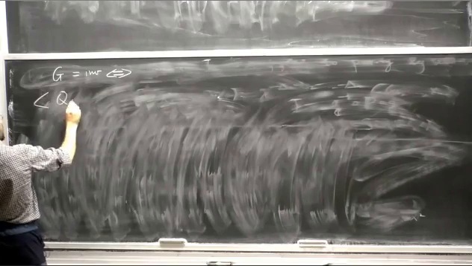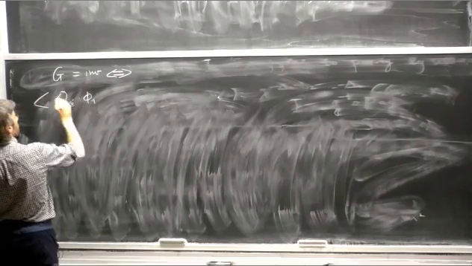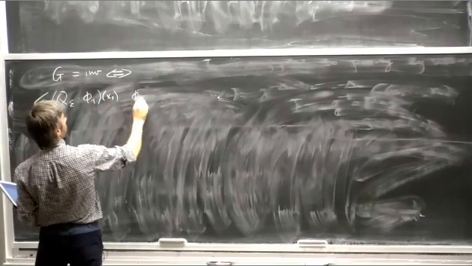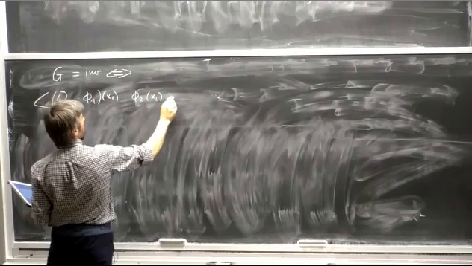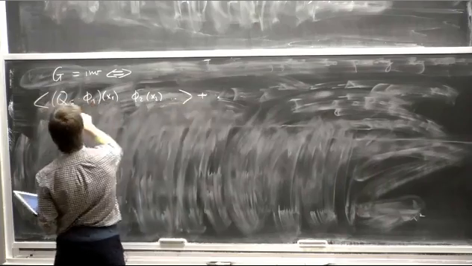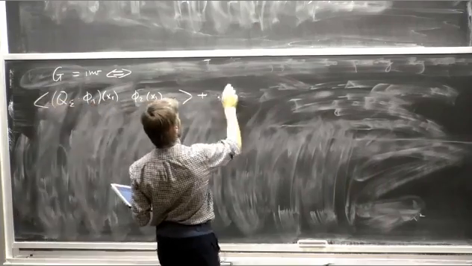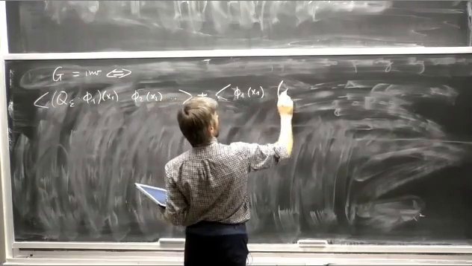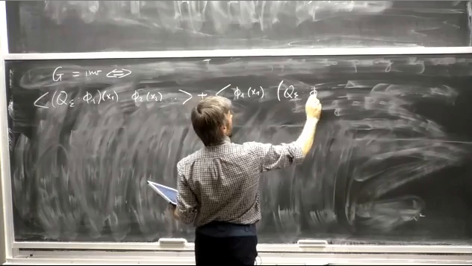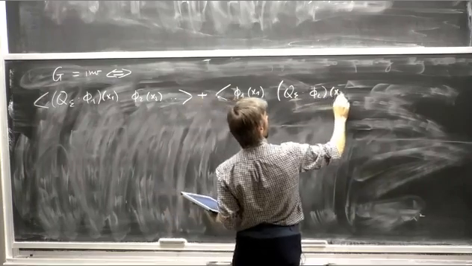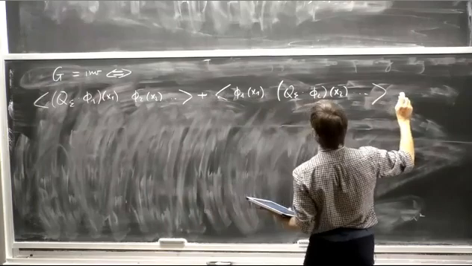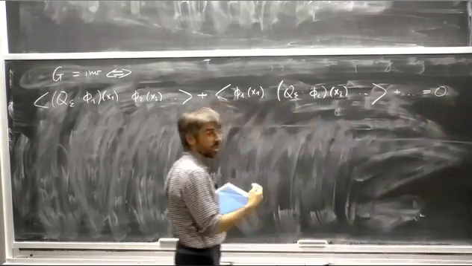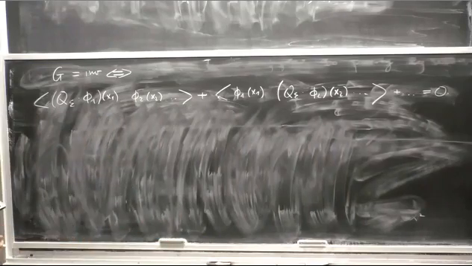We take Q epsilon, act on phi 1 of x1, phi 2 of x2, and so on. We act with Q epsilon on every phi, plus phi 1 of x1, Q epsilon phi 2 of x2, and so on. We take the sum of all of these terms, and they have to sum up to 0. This is the infinitesimal form of the invariance under the conformal group.